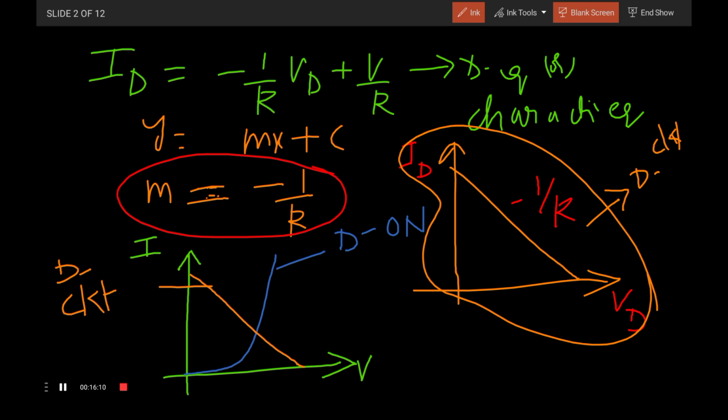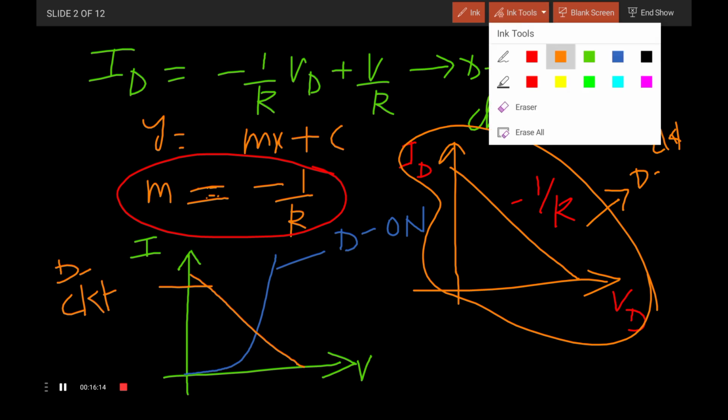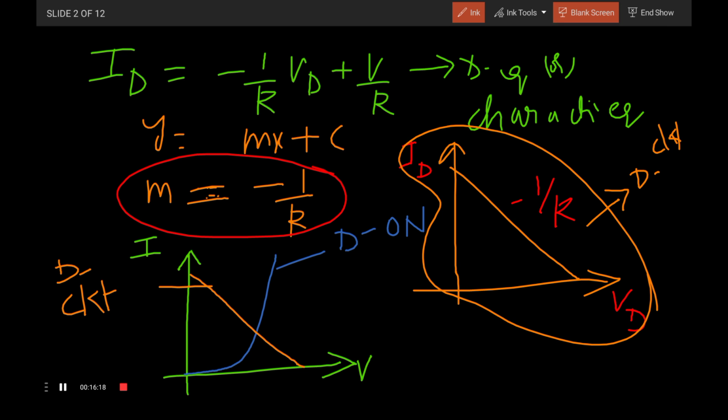So the two graphs meet at some point, right? That point is this. This point is generally called a quiescent point, or we can also call it a Q point.